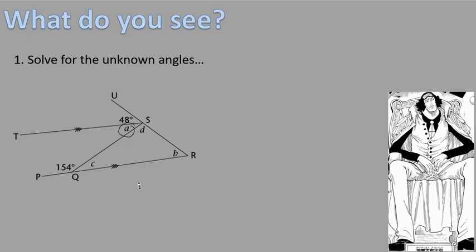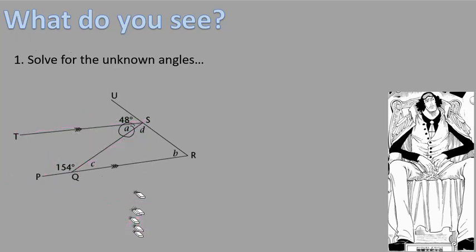How do I find angle A? Angle A, I want you to see that this here is co-interior angles. This angle and this angle are co-interior angles. It's like a C facing the other side, right? So now remember, what do we know about co-interior angles?